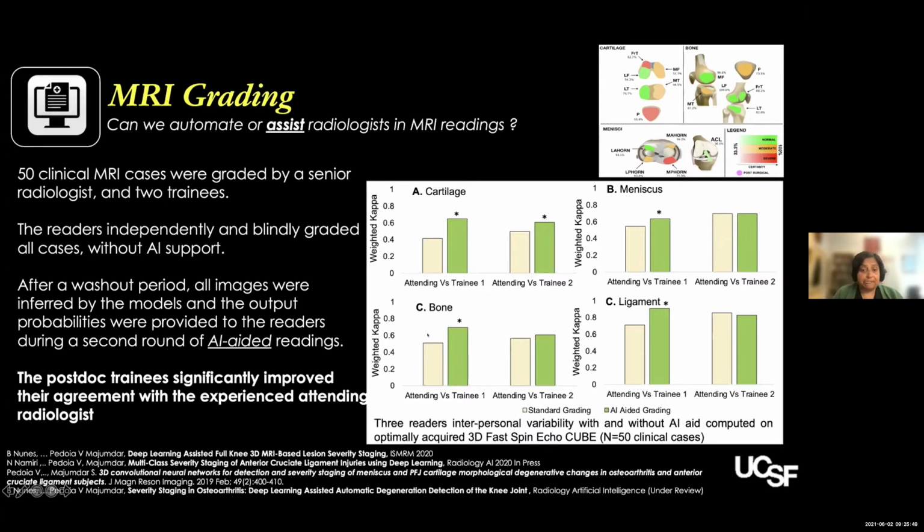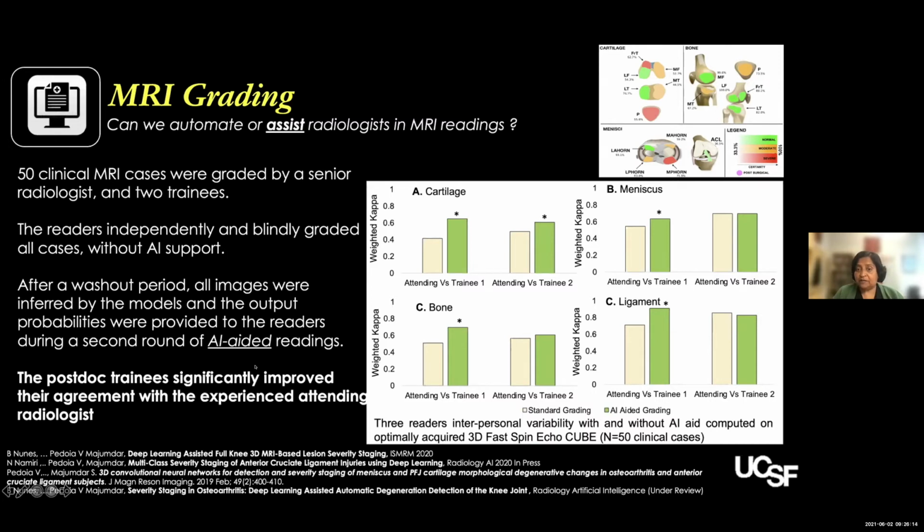After a washout period, these radiologists were all given the output, which looked like this, from the inferred models during a second round of AI-aided readings. And if you look, the postdoctoral trainee results actually improve significantly with the AI-aided results, bringing them much closer to the attending results.